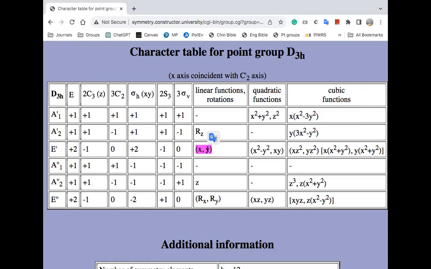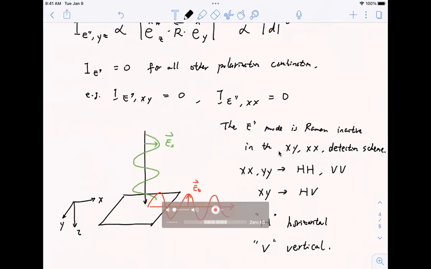And the dipole is in plane, XY in plane. Okay, let's come to here. This is the tensor element. You have x squared minus y squared, xy.